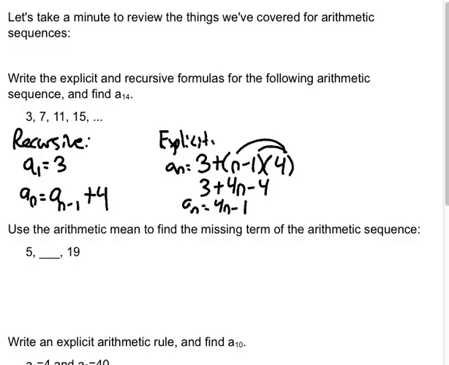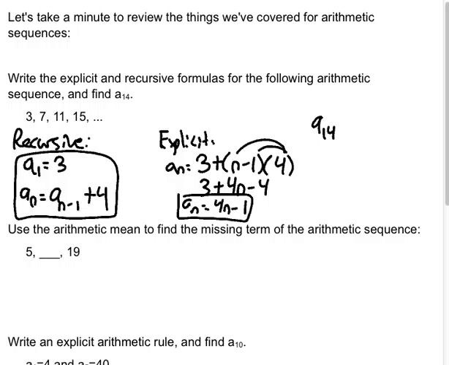So you get 4n minus 1. And if you're trying to find A14, remember you use the explicit formula, okay? So 4 times 14 minus 1. That's going to give you 55. So that's where all of this arithmetic talk came from, all right?